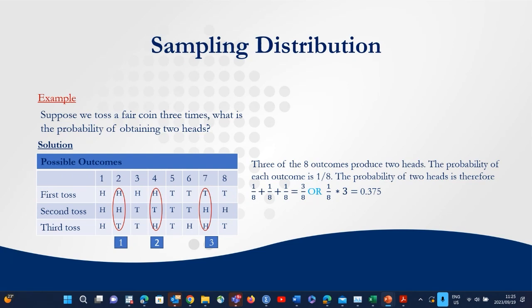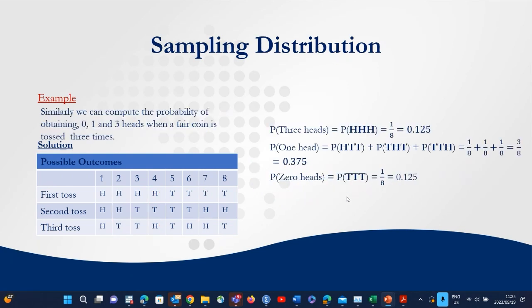If I'm looking at getting 2 heads, then I will be looking at the outcomes where I have 2 heads. I can see I have 3 of them, each with a probability of 1 out of 8. Then I can compute this probability. Going back to what we covered, the probability of having 3 heads, I can also compute.